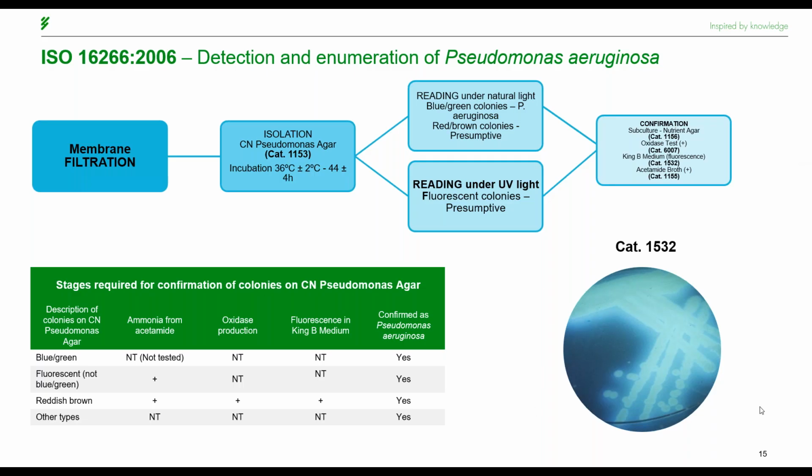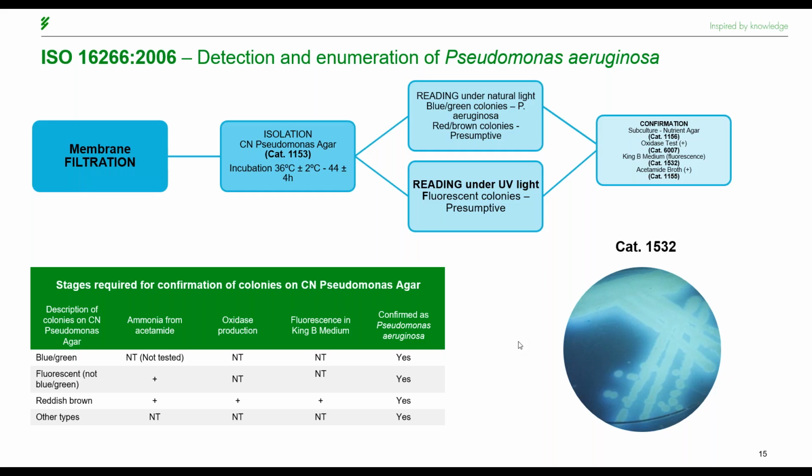Here in this plate, we can see the growth of Pseudomonas aeruginosa on a King B medium plate. And for the acetamide broth, the Nessler reagent is added to observe a characteristic yellow color, which would translate as ammonia production and confirmed as Pseudomonas aeruginosa.